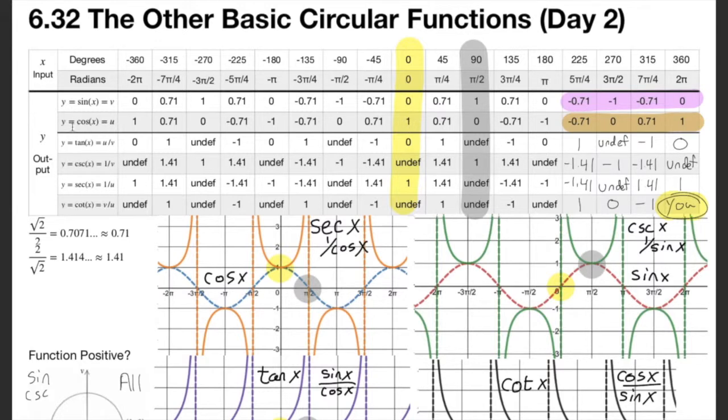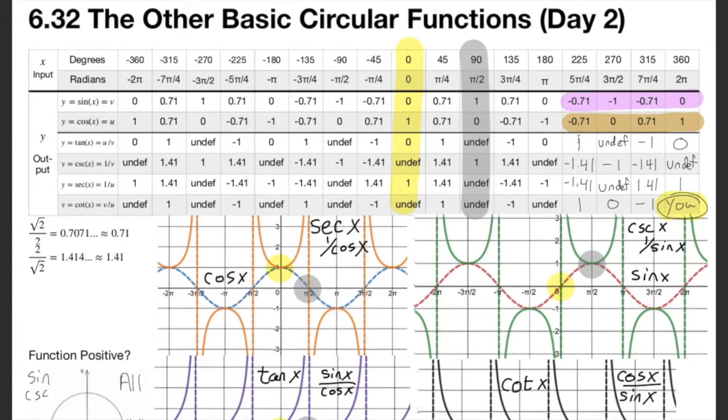But we've got these other outputs that we're learning now. We just learned about tangent, cosecant, secant, and cotangent. This is how they're defined in terms of u and v: 1 over v, 1 over u, v over u. But we can say that these are the actual outputs right here. So we calculated some of these by hand.